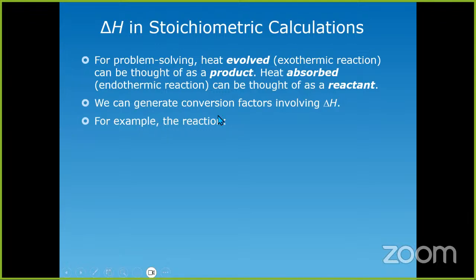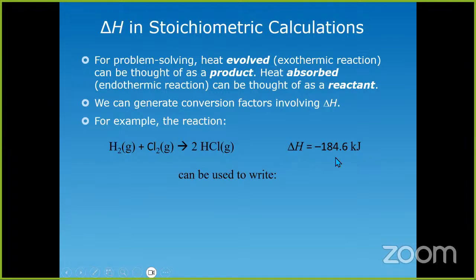Another thing you can do, as stated here, is generate conversion factors which relate the heat change to the coefficients of the different substances in a balanced equation. So, for example, let's say you're given this equation here and you're given the delta H for that reaction. Then we can establish relationships between this value and the coefficients for each of the substances.